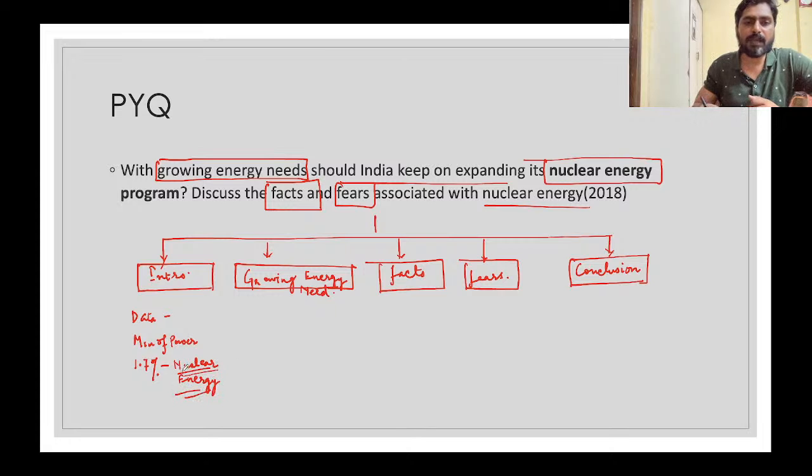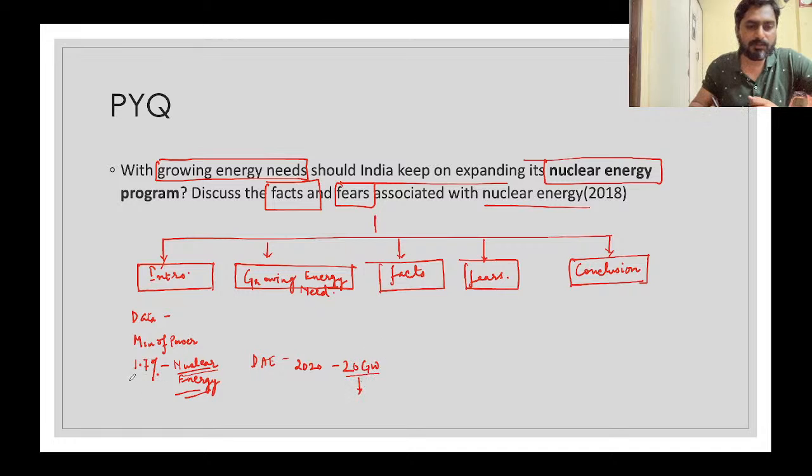And if you look at the Department of Atomic Energy targets, it had said that by 2020 India should be producing 20 gigawatts of energy from nuclear.